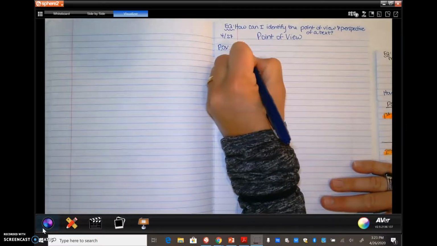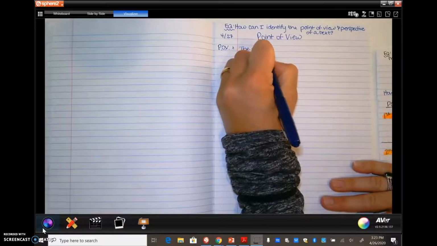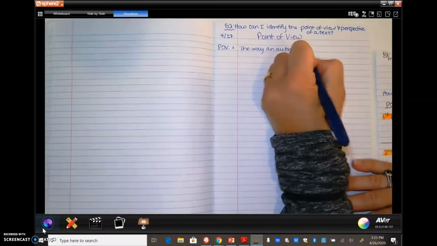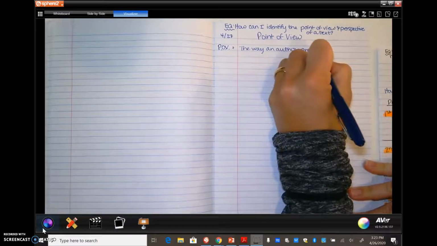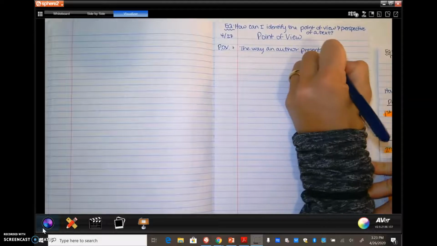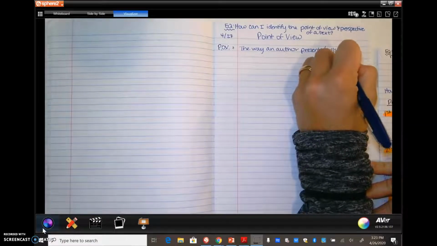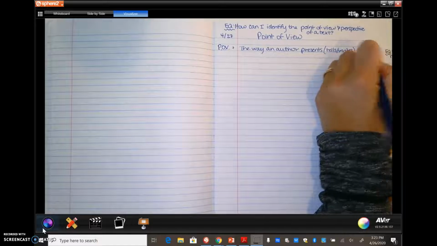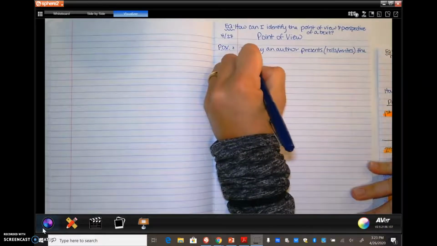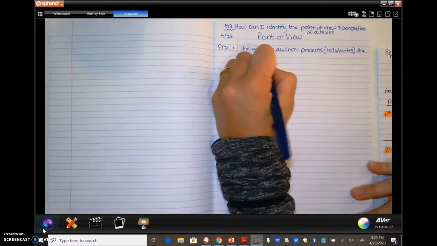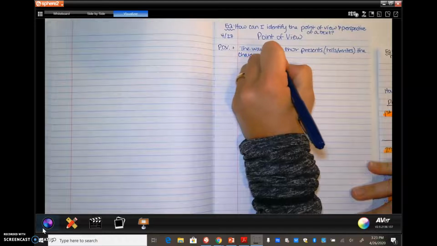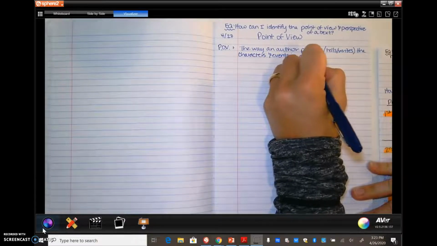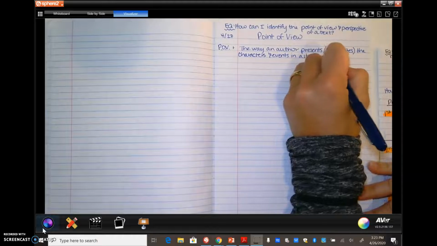So, point of view, the way an author presents, so tells or writes, the characters and events in a story or text.